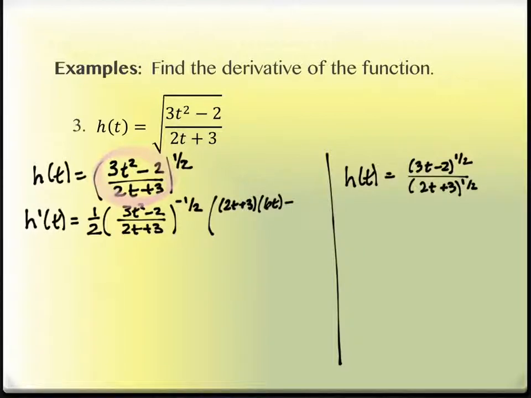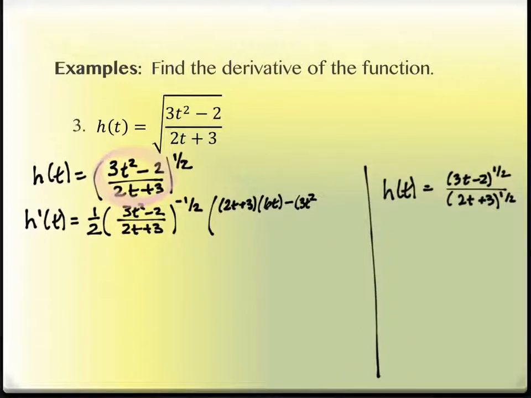Minus, and I need my numerator now, which is 3t squared minus 2, times the derivative of the denominator. So what's the derivative of the denominator? It'd be a 2, right? All over the denominator squared.